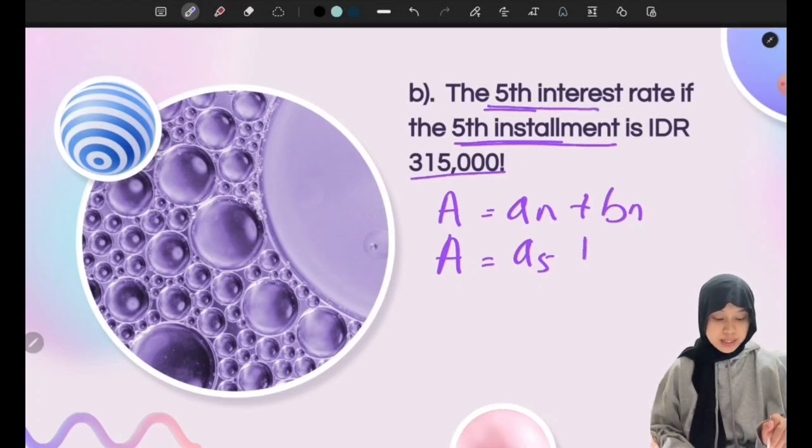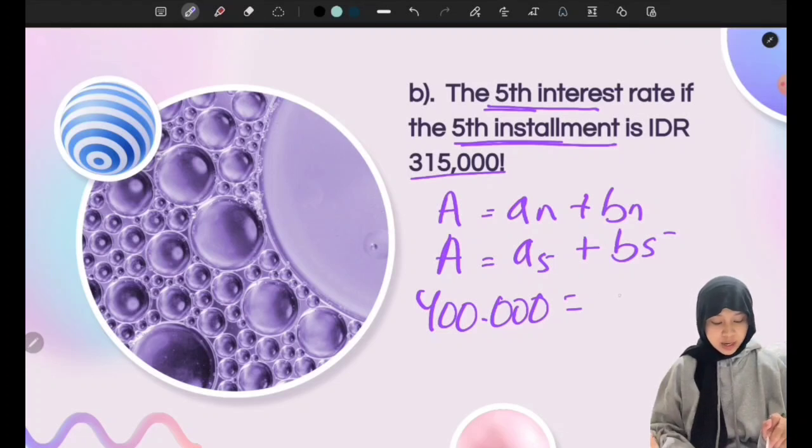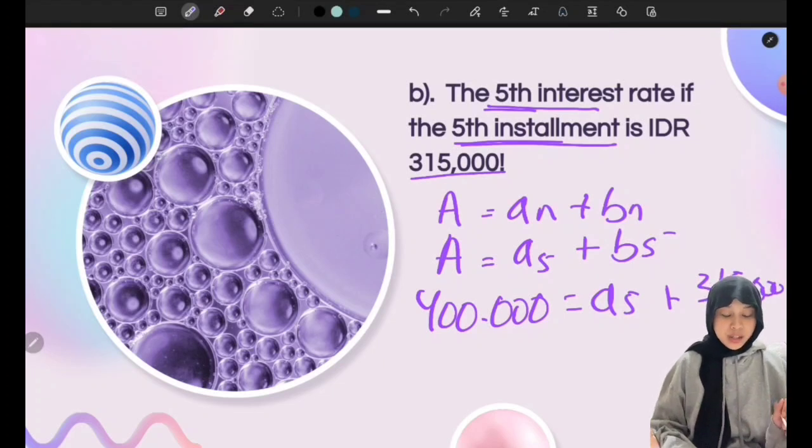So A is 400,000 equals A5 plus B5, where the fifth installment is 315,000.